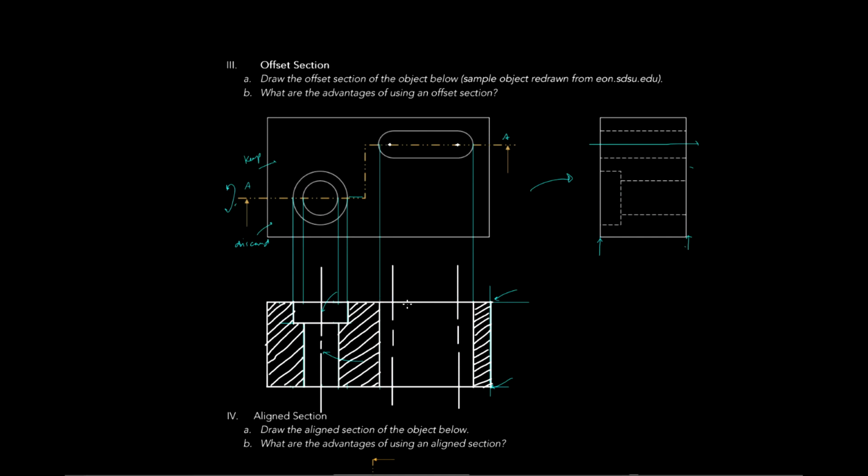Hindi natin masasabi kung tumigil ba dito yung curvature tapos meron ba siyang total curvature or isang curvature lang siya tapos straight siya na ganyan. So ito, this is just an estimate. So pwede actually hindi nyo na isama to, no? So ang isama nyo na lang is yung itong part na to wherein cylinder talaga yung ano niya.